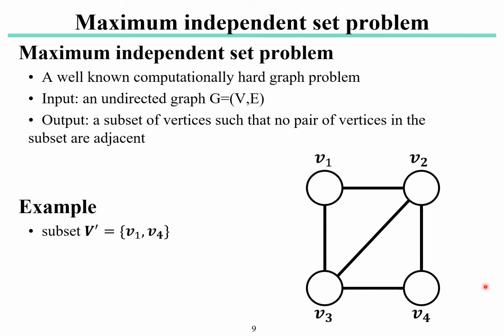This figure shows an example of an input undirected graph, which consists of 4 vertices and 5 edges. In this case, the subset of vertices, which includes just V1 and V4, is the maximum independent set for the input graph.